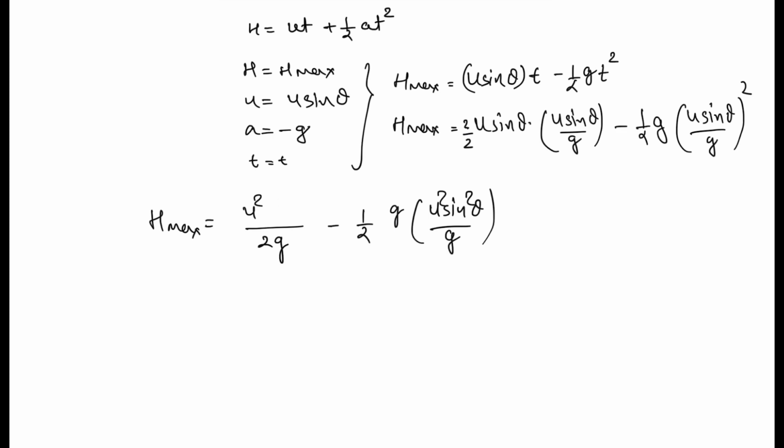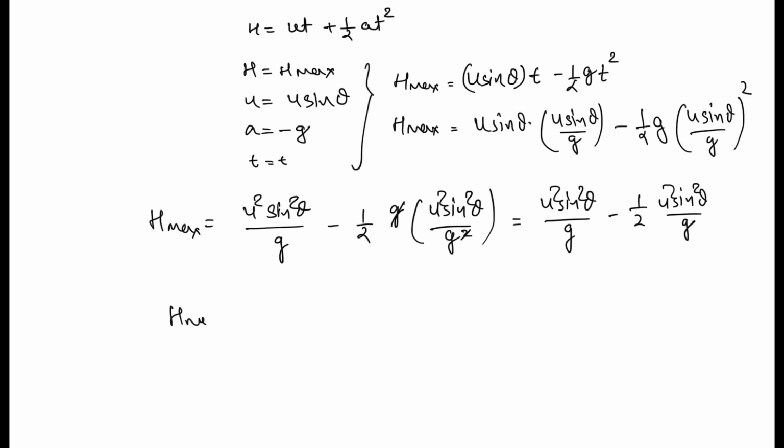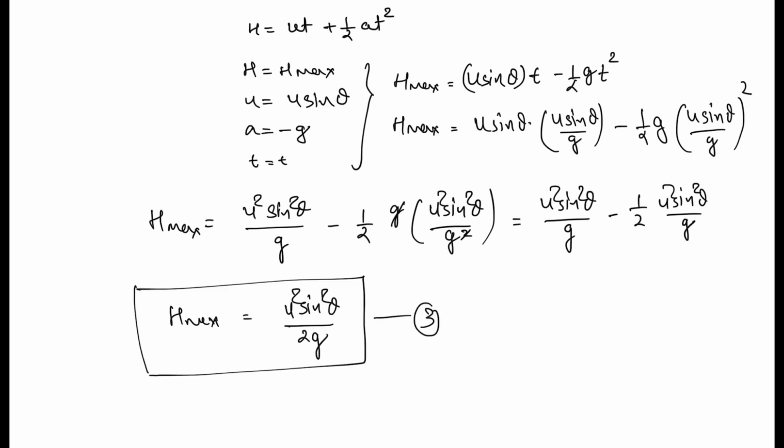So we do not have to multiply by 2. Just simply write u square sin square theta divided by g. Here g square cancels, so u square sin square theta divided by g minus half u square sin square theta by g. So h max is equal to u square sin square theta divided by 2g. This is another important equation for maximum height.